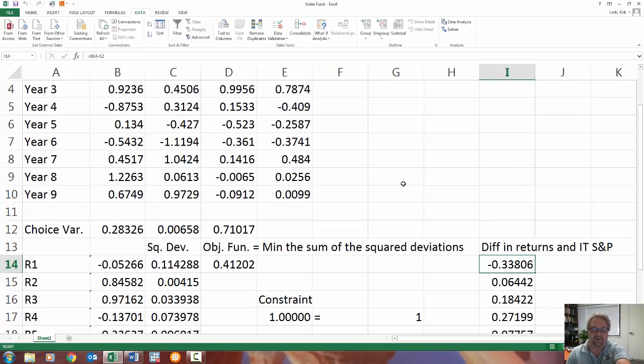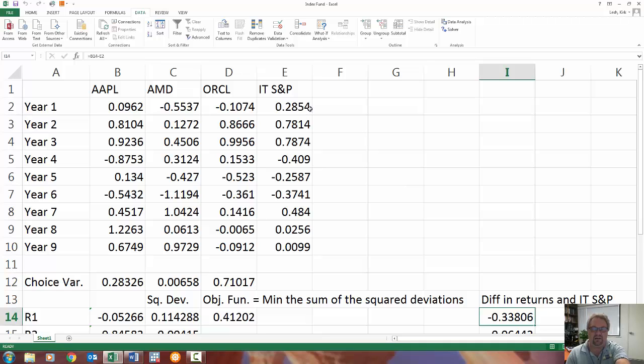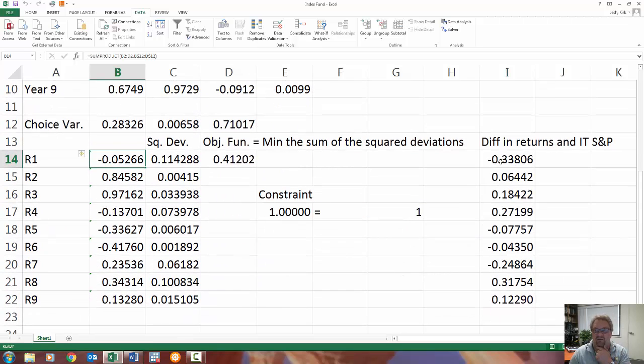Because what this is telling me is that, in year one, the IT S&P returned 28.54%. But if we invest in these proportions, we're going to lose 5% in year one, right? That's why I have the negative 0.33806. So not too close, right? There's definitely some years where we're off by a little bit, but nonetheless, it still works.